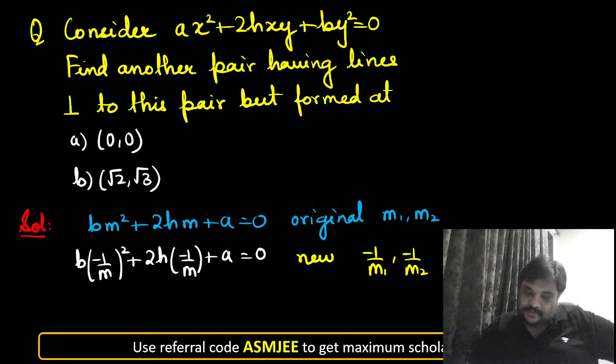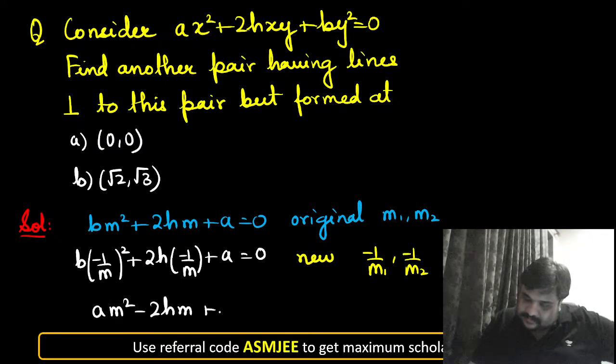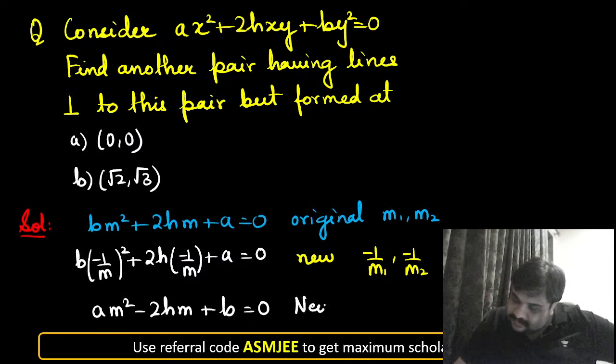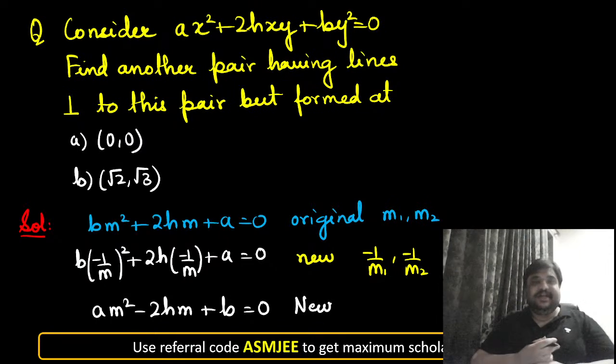So this is the new slope quadratic, which is this. This is the new quadratic. But do we need the new quadratic or the new pair?